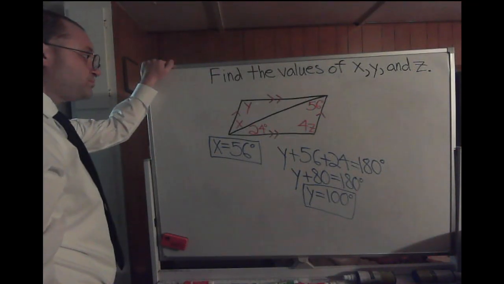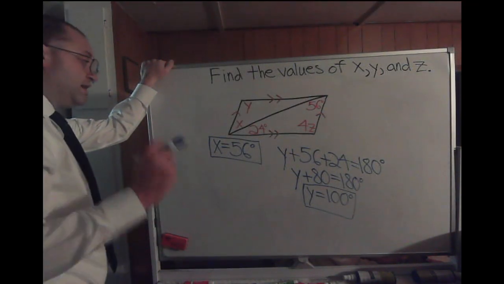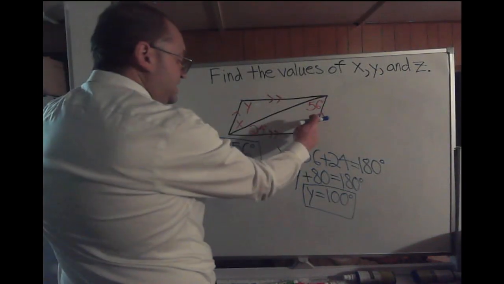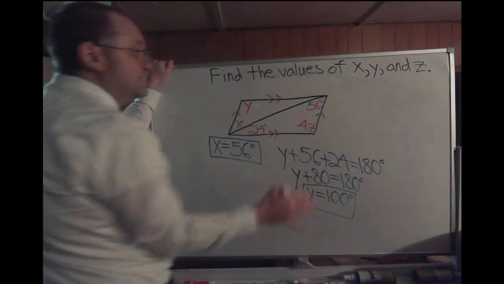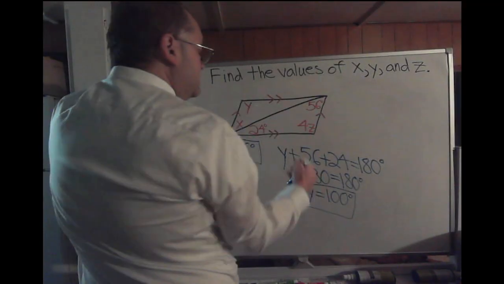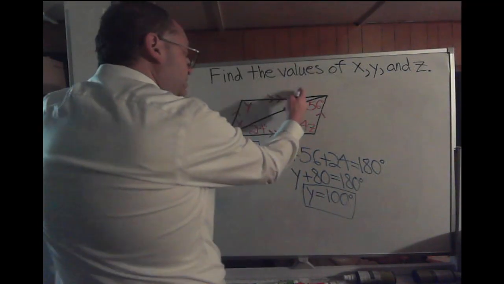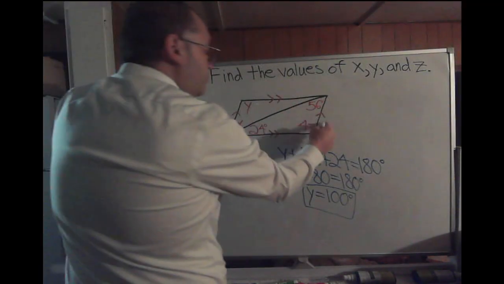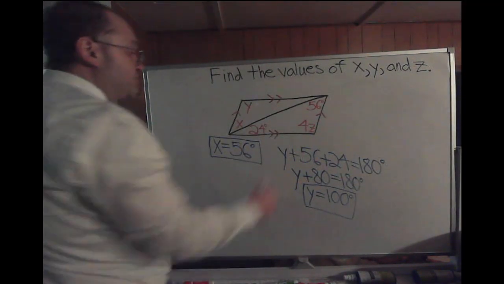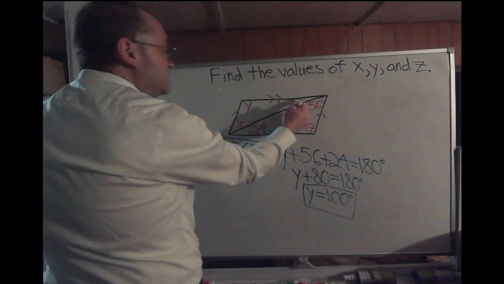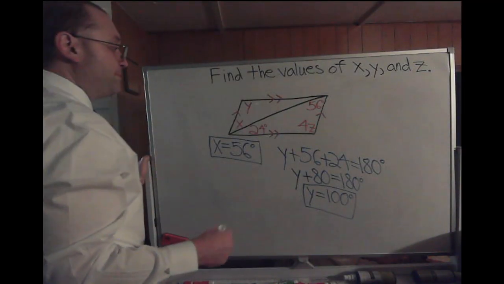Well, couple things. We know 4z is going to be supplementary to 56 plus whatever this angle is, not just 56, because again the bottom line is parallel to the top line, but this time the right side's the transversal. So it's actually going to be equal to the sum of 56 and whatever that angle is.